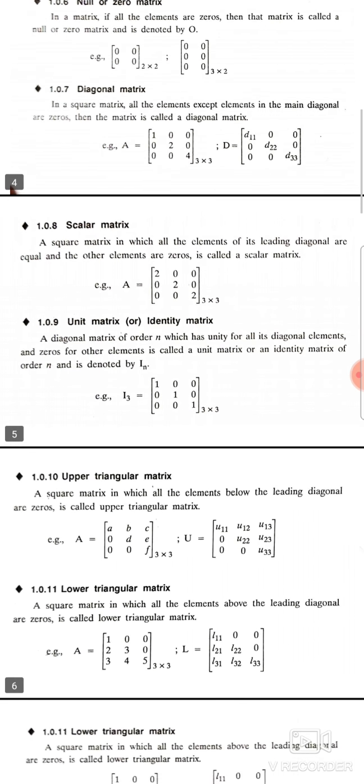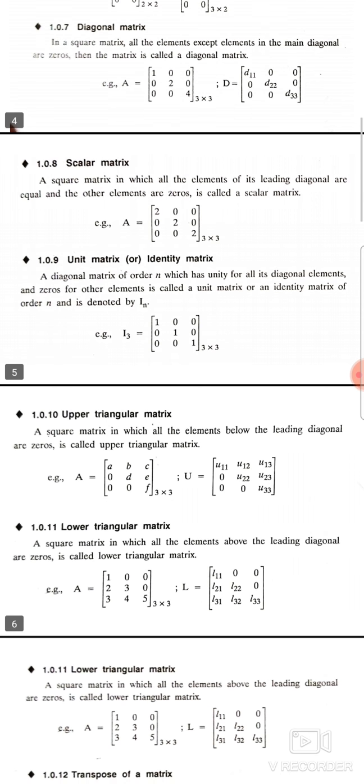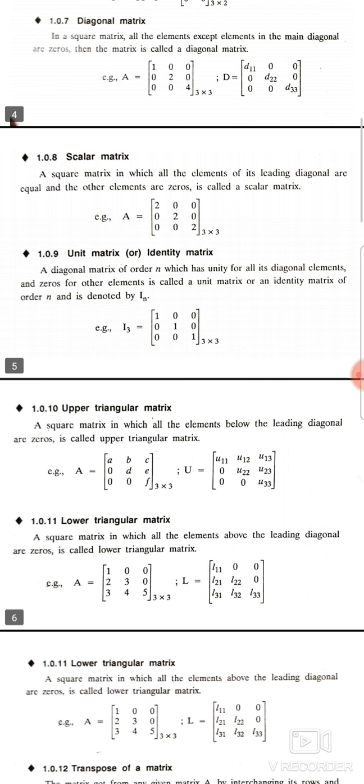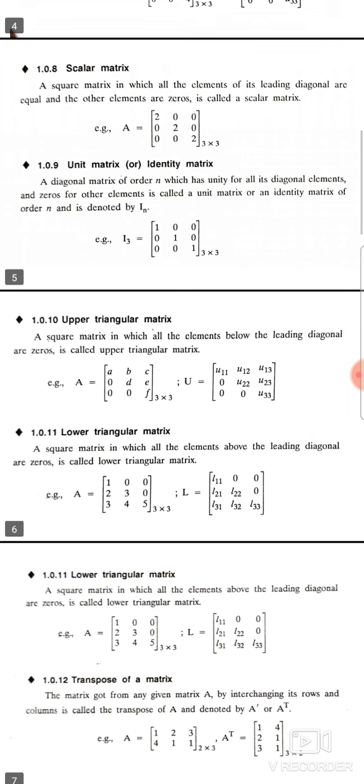Upper triangular matrix. A square matrix in which all the elements below the leading diagonal are zeros is called an upper triangular matrix. A is a 3×3 matrix, U is equal to U11 U12 U13, 0 U22 U23, 0 0 U33.